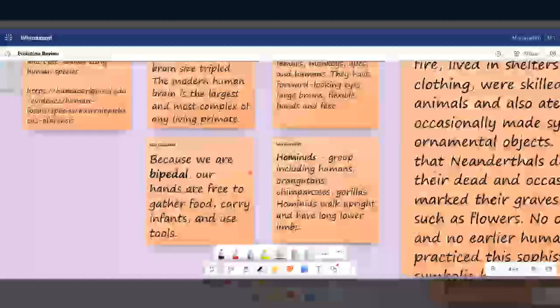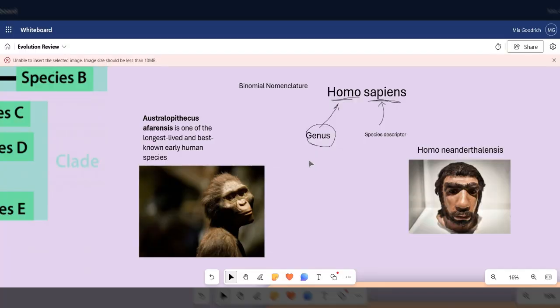Our brain size has increased. So scientists, when they talk about different organisms, they use what's called a scientific name. There's common names for things and scientific names. Scientific names are two-parters, because we use this system called binomial nomenclature.